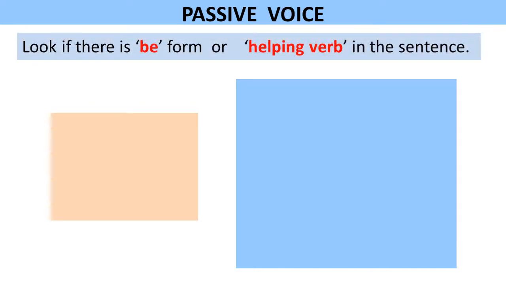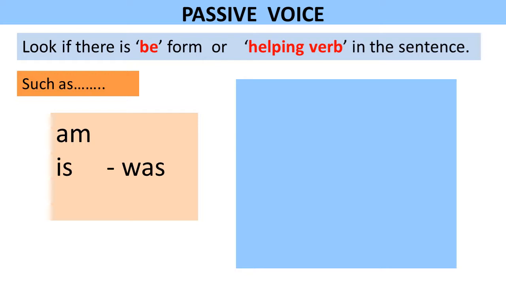In the given sentence, look if there is a be form or helping verb in the sentence. Be forms such as am, is, was, are, were. And helping verbs, which are also called auxiliary verbs. Let us see them.